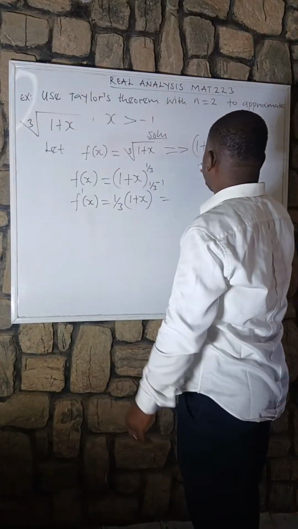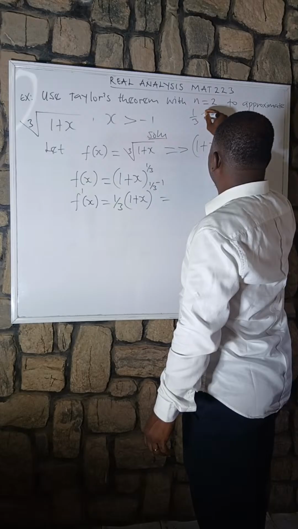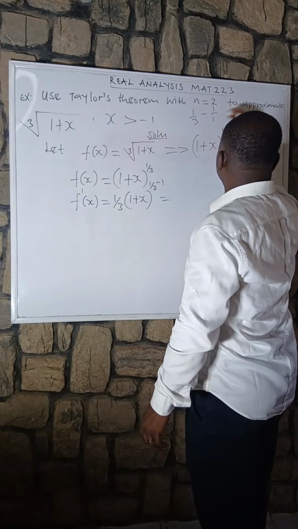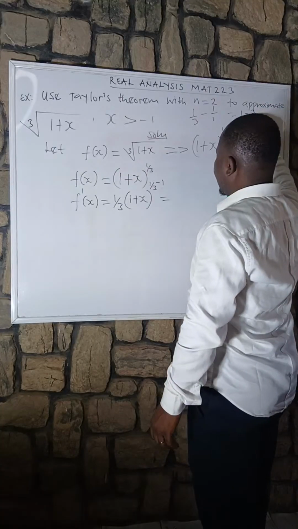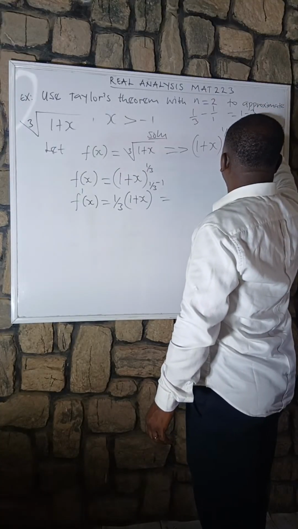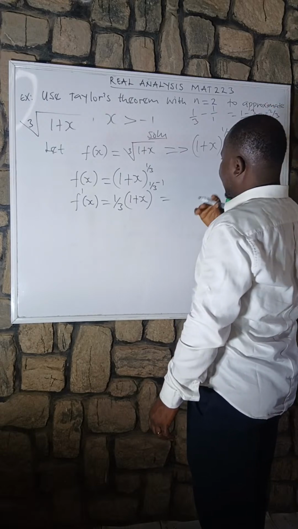If we have 1 all over 3 minus 1, then this is equal to 1 minus, take the LCM, 3 all over 3. Then this will be equal to minus 2 all over 3, right?